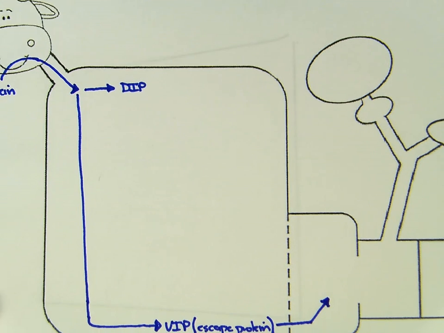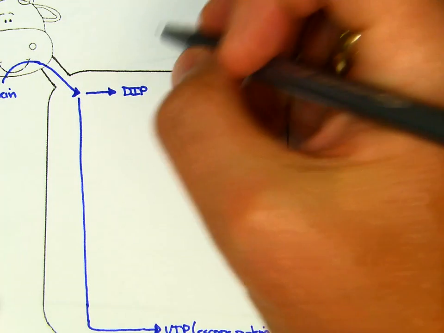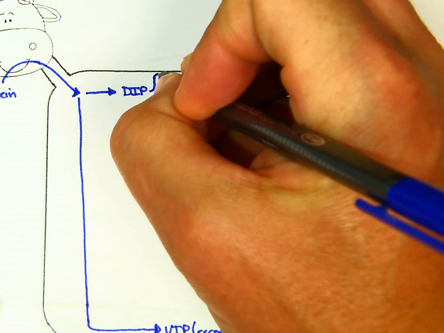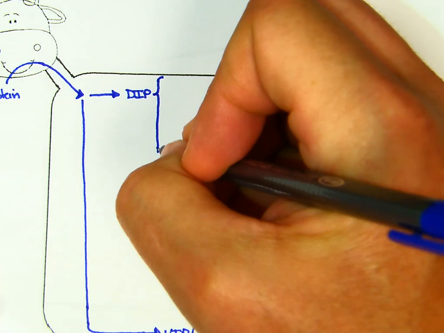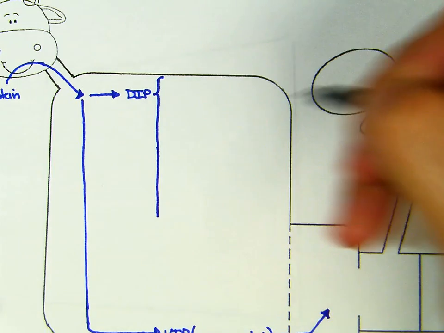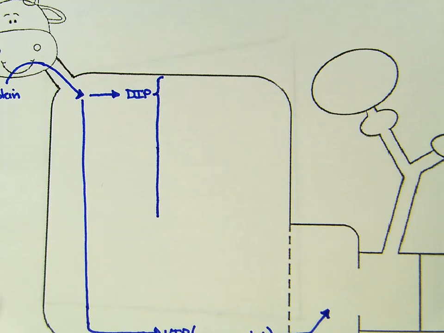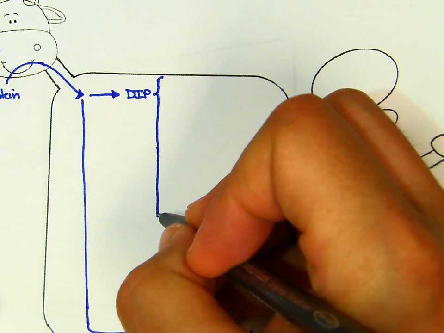We look at DIP. It gets further fractionated. You could feed lots of different sources of DIP. And DIP, again, is degradable intake protein, meaning the microbes can degrade it, they have access to it.